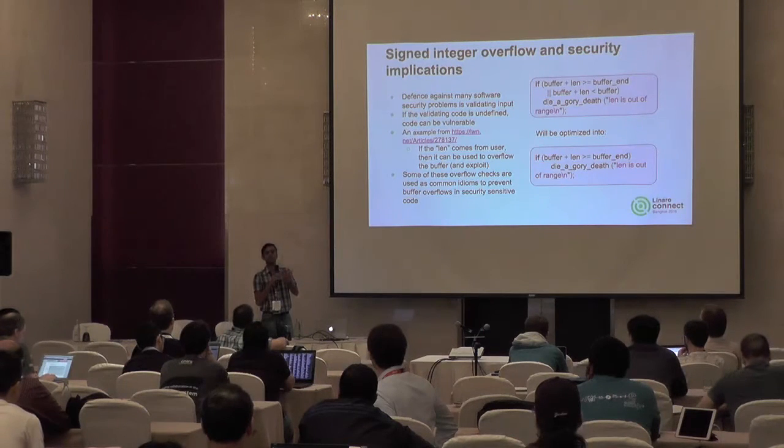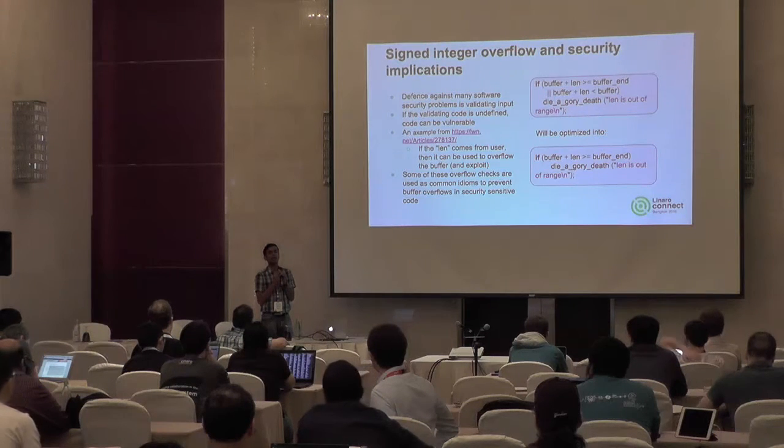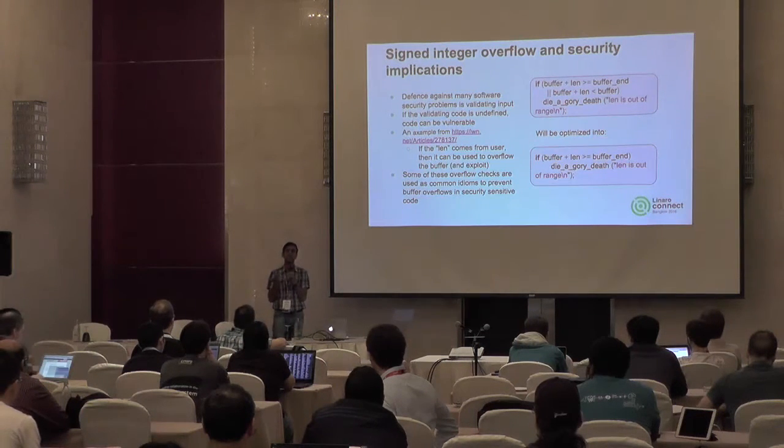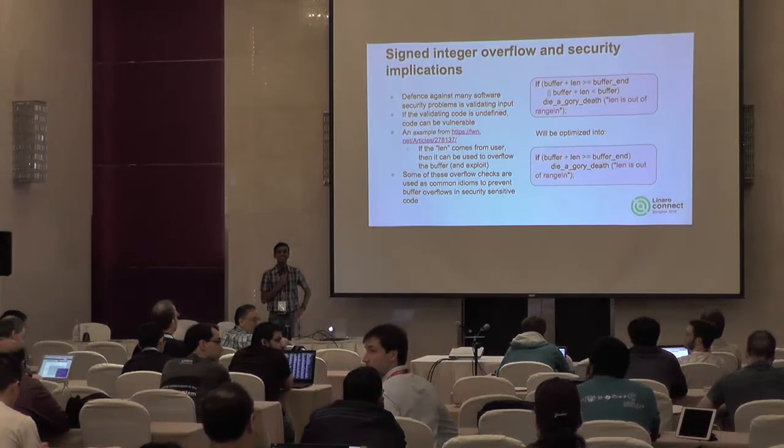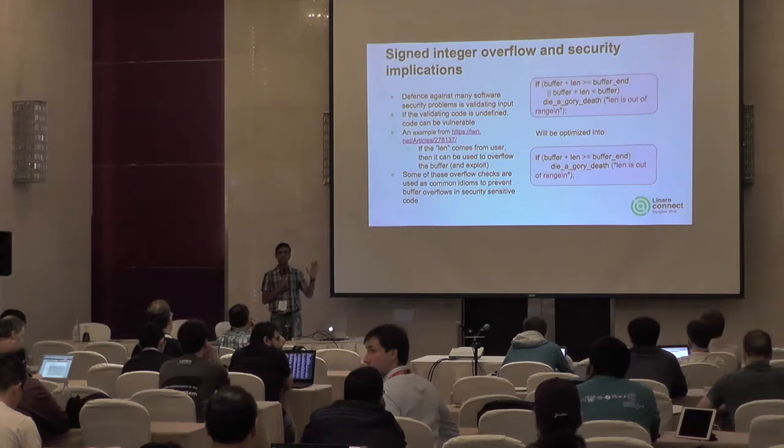Len is the index. I mean length. Len should always be of type size_t. Yeah. If it is unsigned, then this problem won't happen. But I'm talking about signed type here.